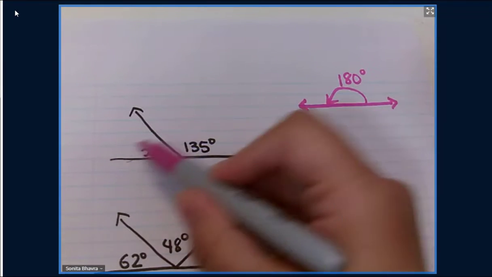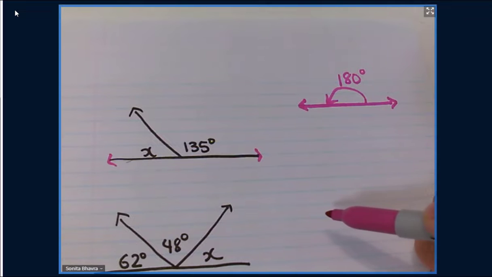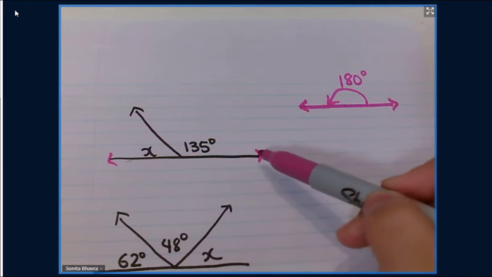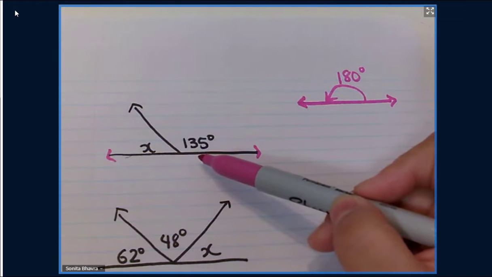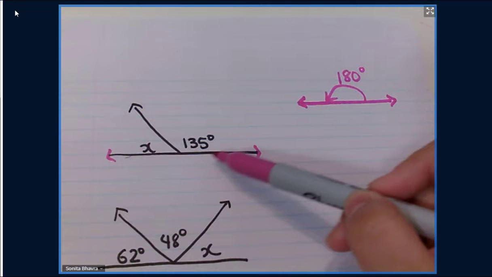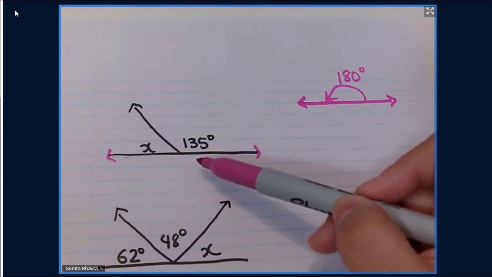All right, so here we also have a straight line. Just forgot to draw the arrows, but straight line going horizontally. And part of our angle, we see this obtuse angle. We call obtuse angle is greater than 90 degrees. So this angle here is 135.